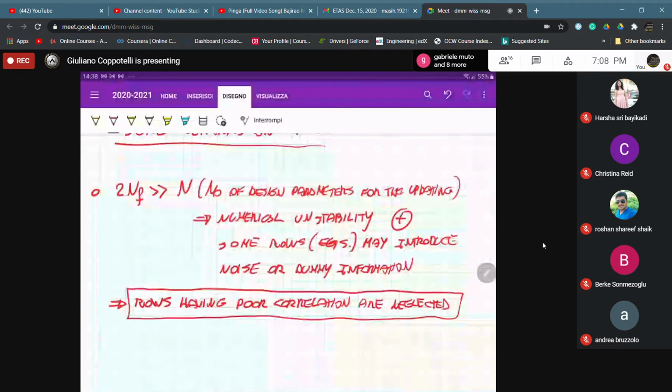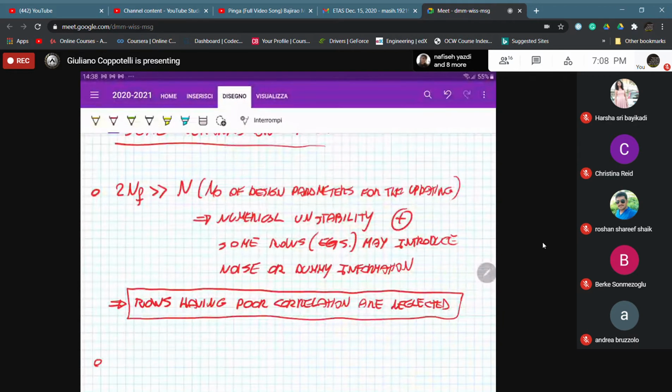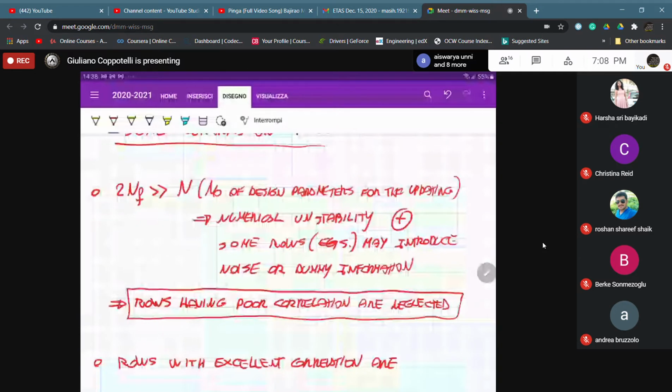Okay, then another point. Okay, rows with excellent, so just the opposite, correlation are neglected too.